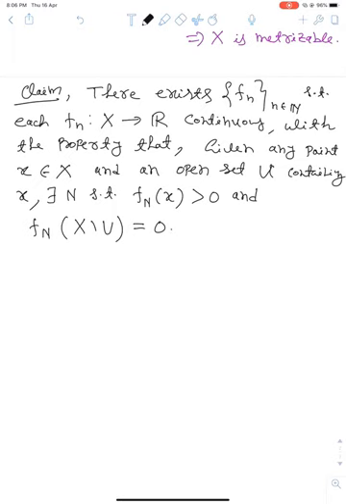So we need to find such a collection of functions. Now to prove this claim, we will use the fact that X is regular and it has a countable basis. Now here is the proof of the claim.